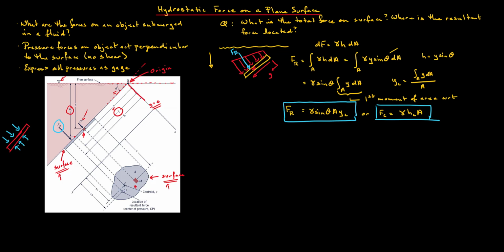So we can either express this location as, sorry, I just noticed that I made a mistake here. This is FR. So we can either express it in terms of hc, so the depth below the surface, or yc, which is the distance along the plane from the origin.